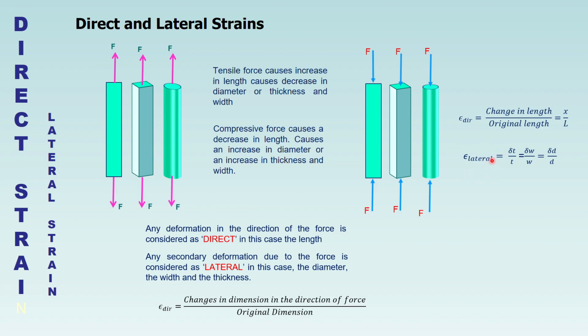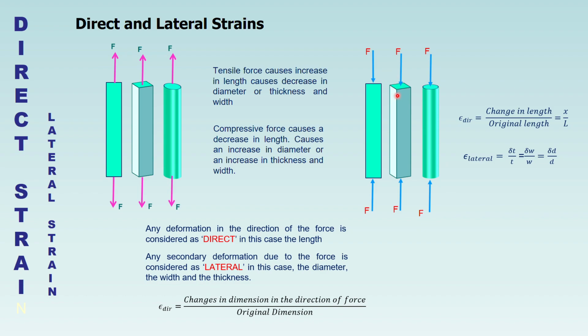you see on the board, for lateral you have the change in thickness over the original thickness. Now this is lateral because the force is acting along the length, not in the x or the z direction, it is acting along the y direction in this case.